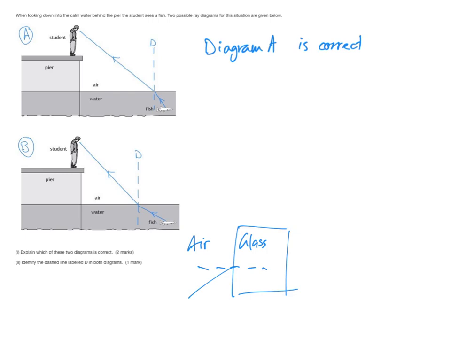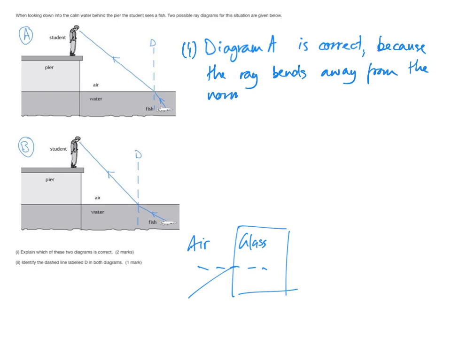So diagram A is correct because the ray bends away from the normal in leaving a more optically dense medium.